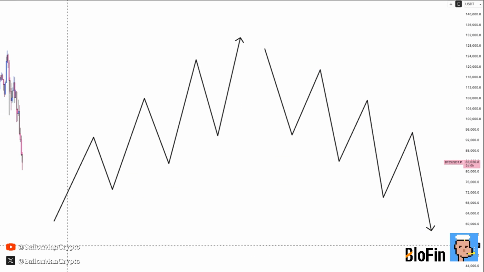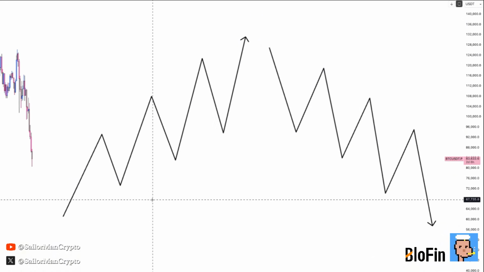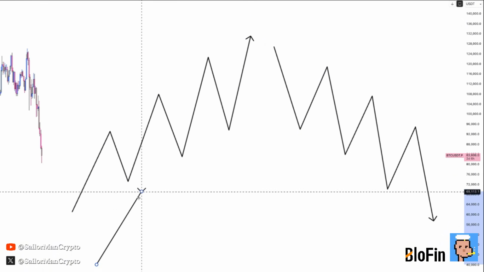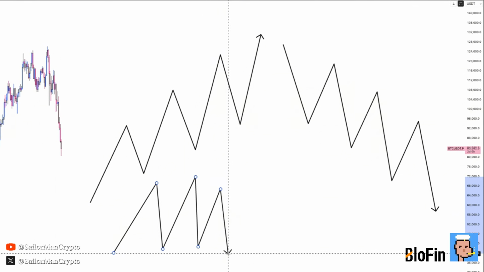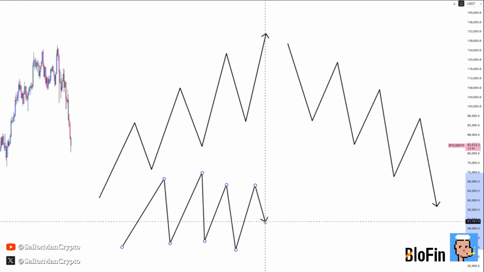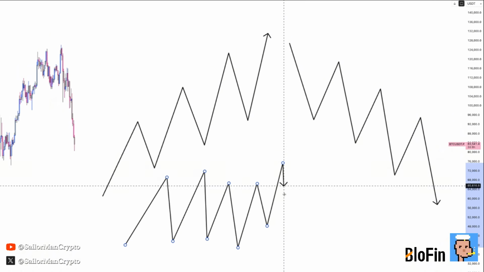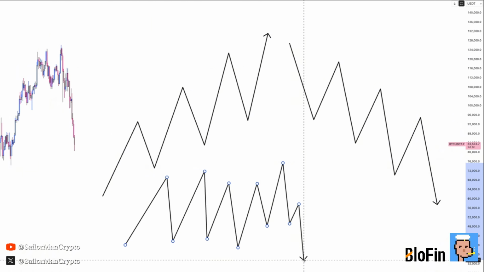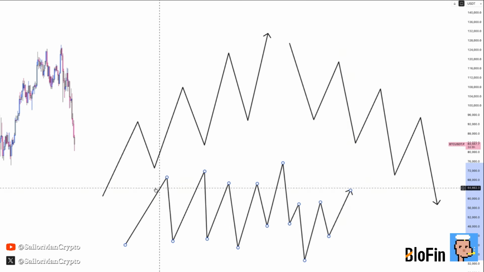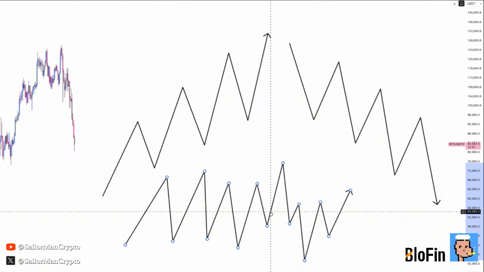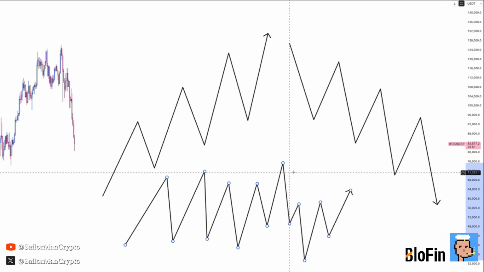The third thing that price action can do is to go sideways. So form a range, a consolidation, distribution, accumulation, Wyckoff schematics, I don't care about the name you give it, but it is simply going sideways, going laterally. So not up, not down, but sideways.